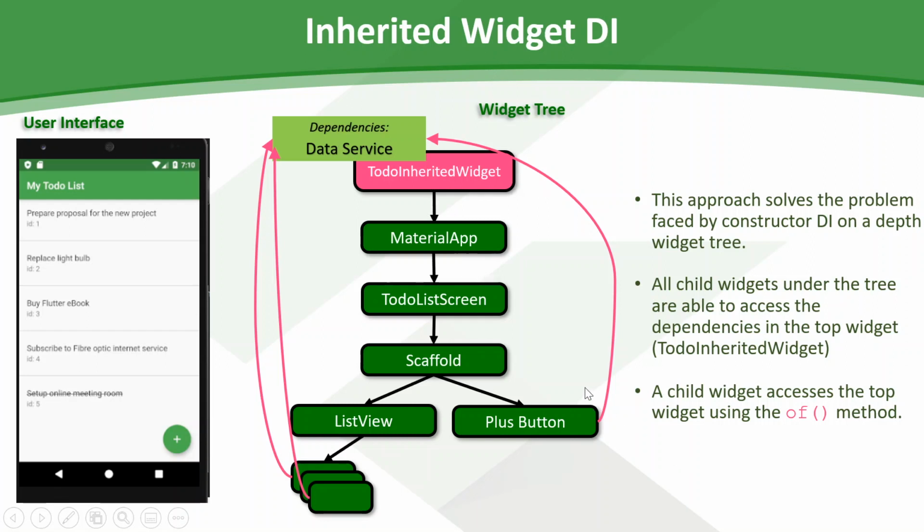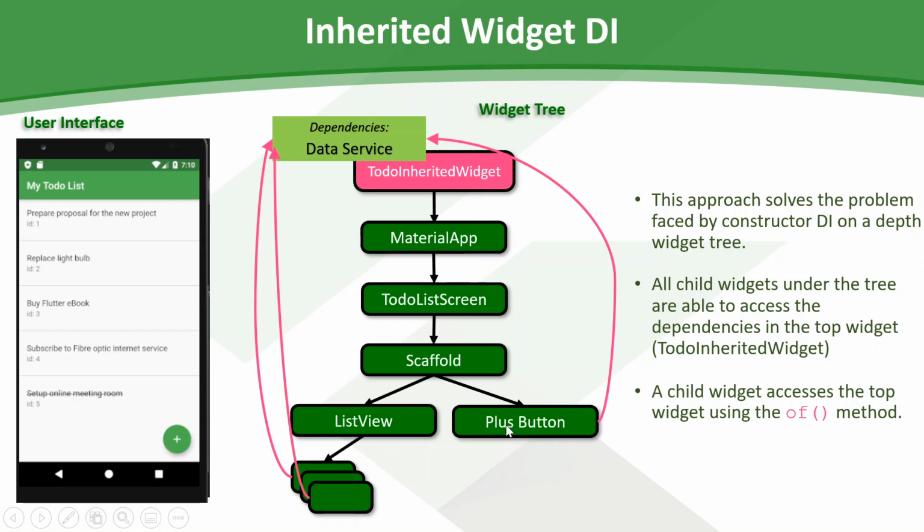But that's not how Flutter works. Flutter is declarative UI. But still it provides us some features that look like the imperative approach, and the way it provides us is by using this method.